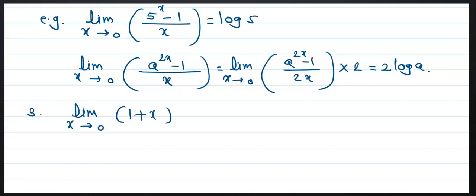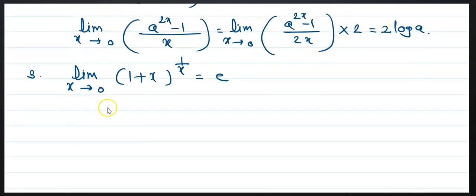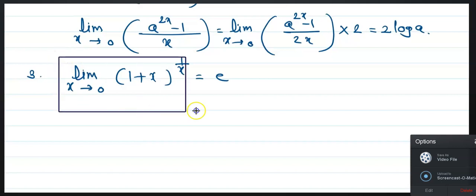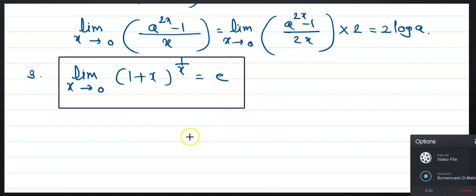Limit x tends to 0, 1 plus x and whole bracket raised to 1 upon x. The value of this limit is e. This is also a very important result that you have to remember. All these results are without proof.